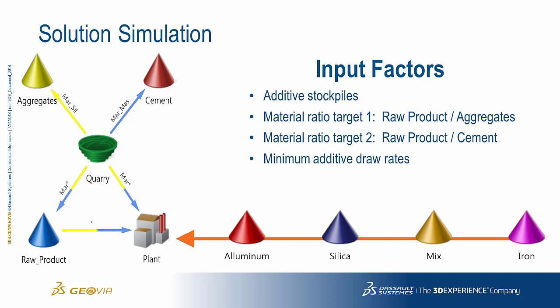We have minimum and maximum additive draw rates from the additive stockpiles. And there are many other scheduling parameters that can be introduced as input factors for this solution. But how do we execute the schedule and determine what is the optimum combination of the inputs?